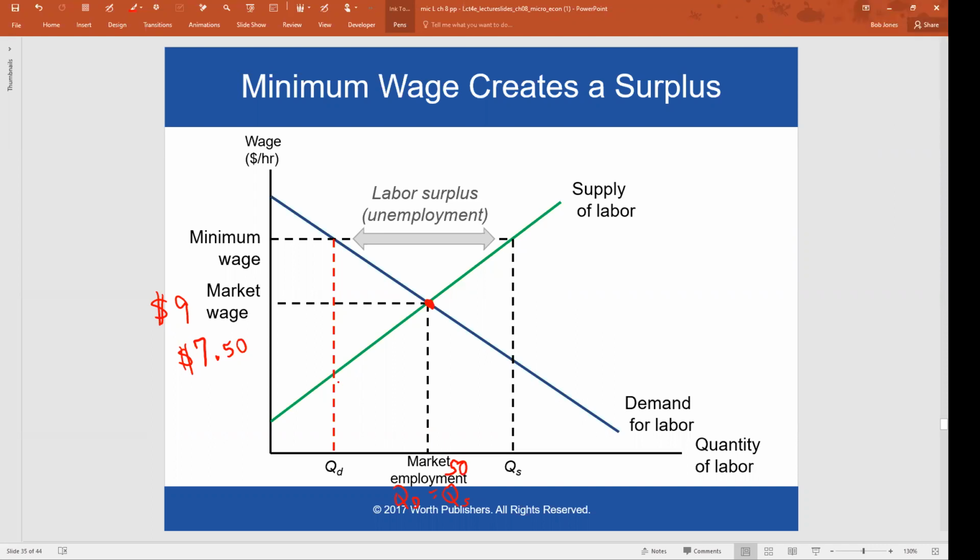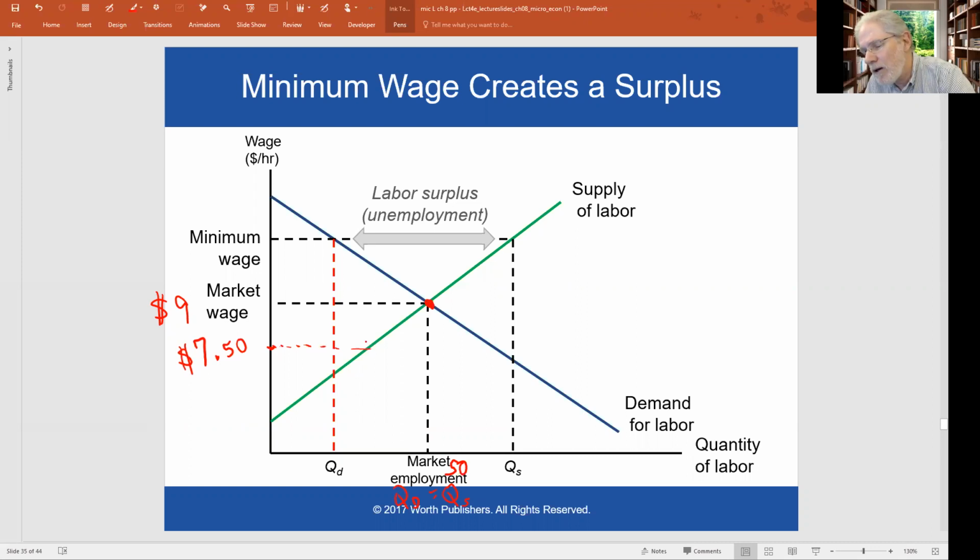Looks like it would be close to a shortage. Okay, let's think through this. At 750, we read over to the supply curve, and that gives us the quantity supplied, the amount of workers who are willing to supply their labor at that wage. And then to figure out what's going to happen, we always have to read over to the demand curve to see what the quantity demanded is going to be.